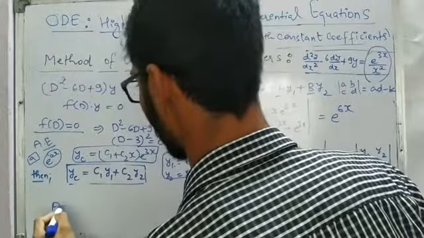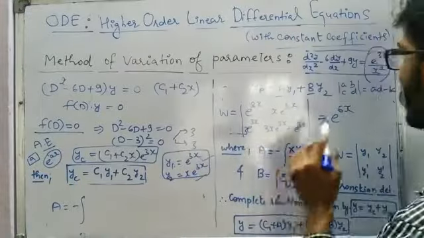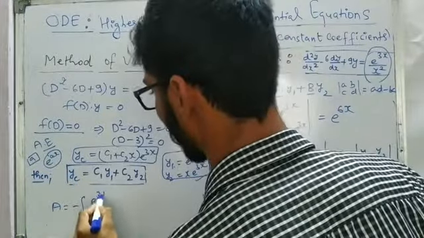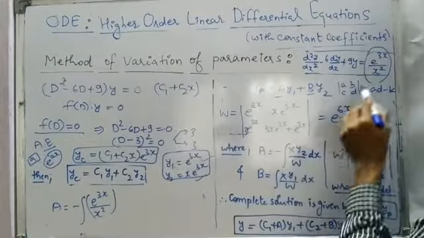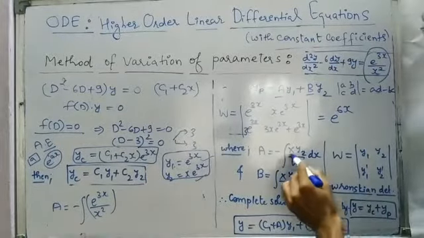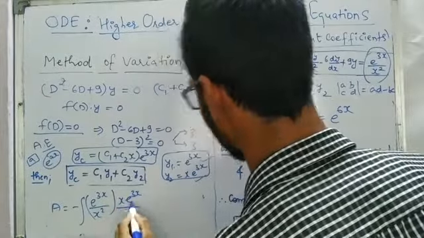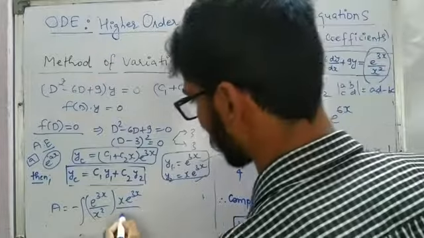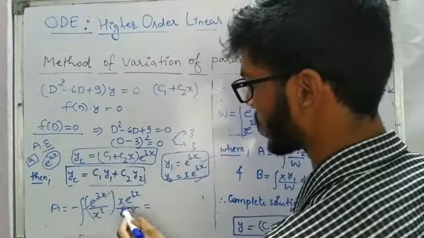So to calculate the value of a, make use of the first formula, minus, and capital X was e power 3x divided by x square. So as I said, to calculate the particular integral only, we are going to make use of this capital X. So capital X into y2. y2 is nothing but x e power 3x, and divided by w we have calculated as e power 6x. So a is going to come out as e power 3x plus 3x is e power 6x.